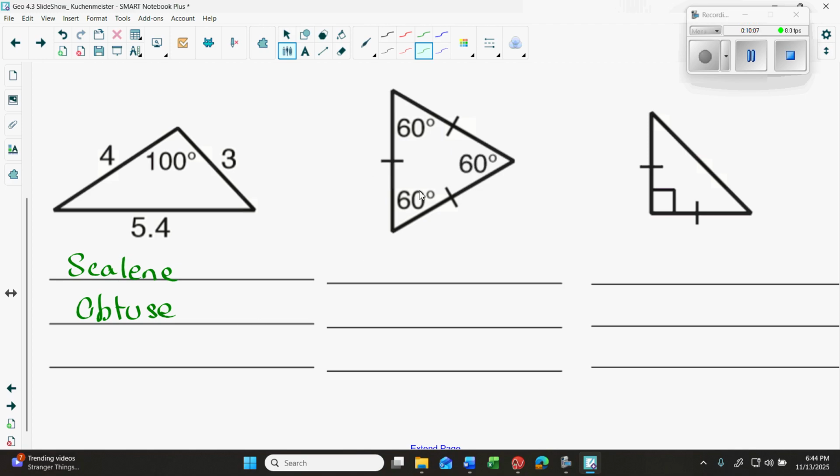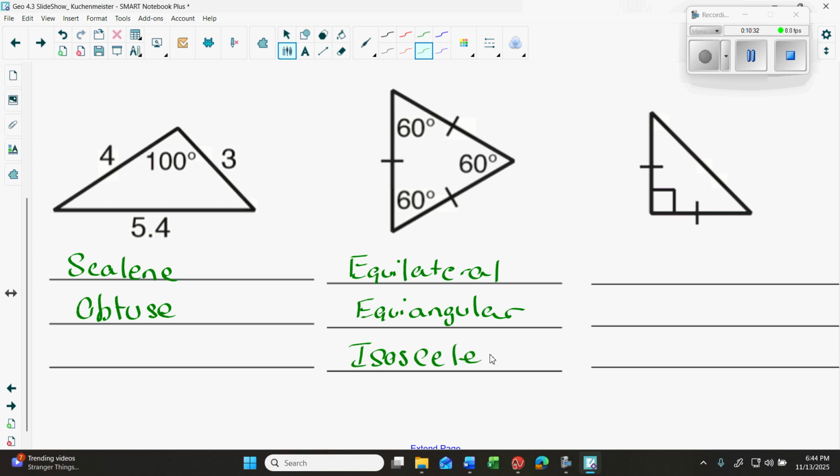All right. Looking at this next one, we have three congruent sides, so that makes it equilateral. We have three equal angles, which makes it equiangular. And since it is equilateral, it also means it's isosceles, technically.